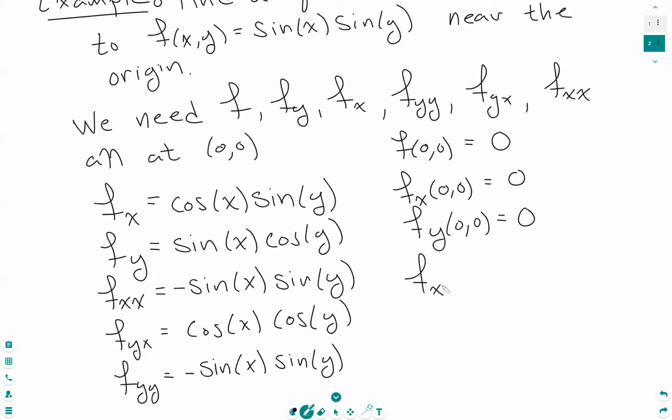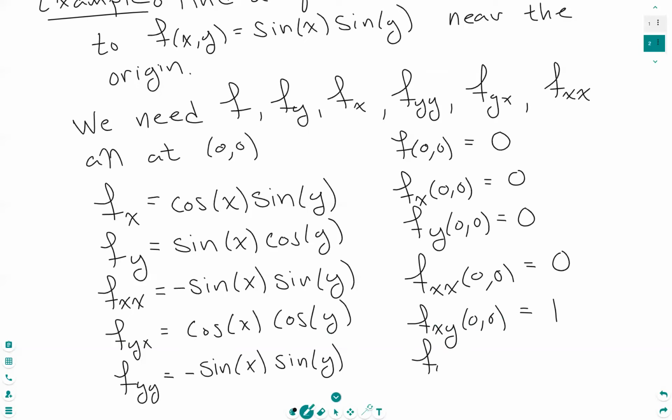We look at f_xx at (0, 0), and lo and behold, we still get 0. If we plug the origin (0, 0) into f_xy, we don't get 0, we get 1.